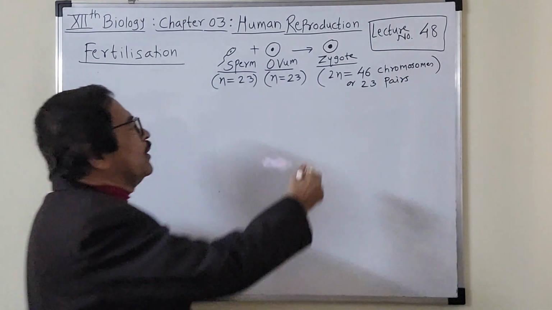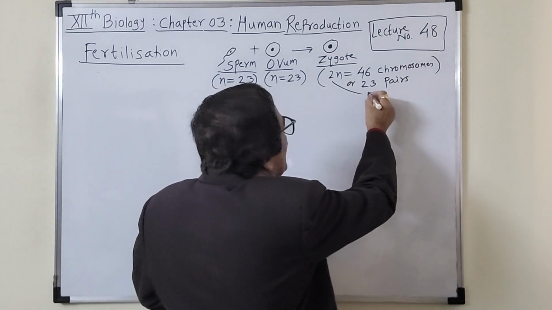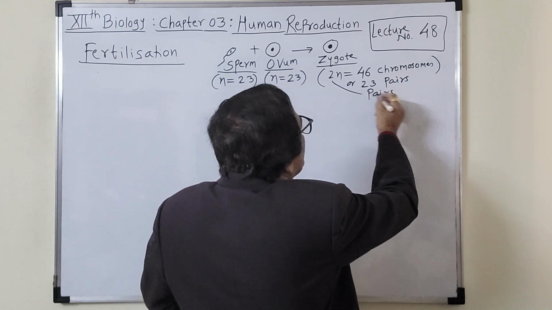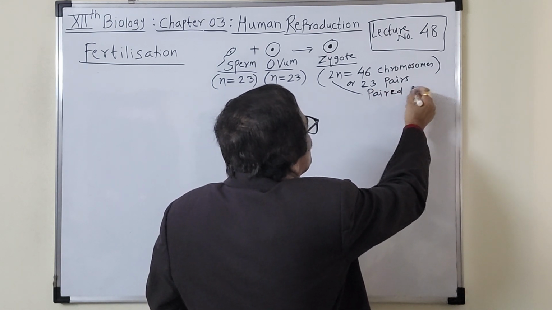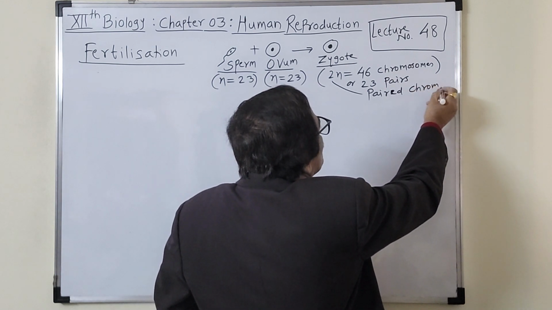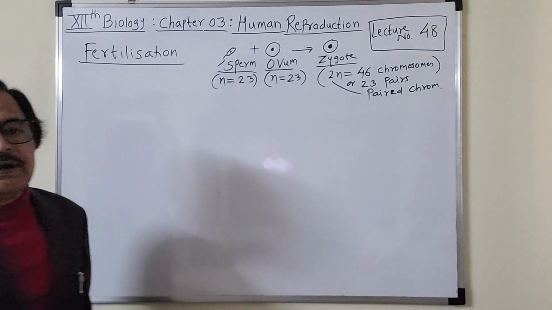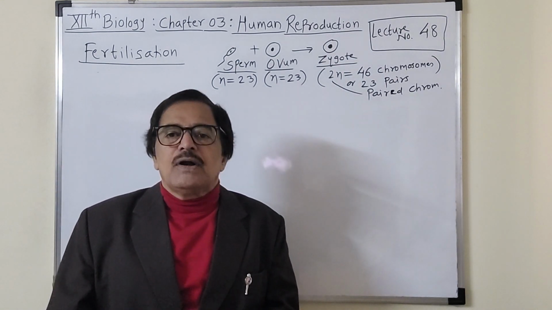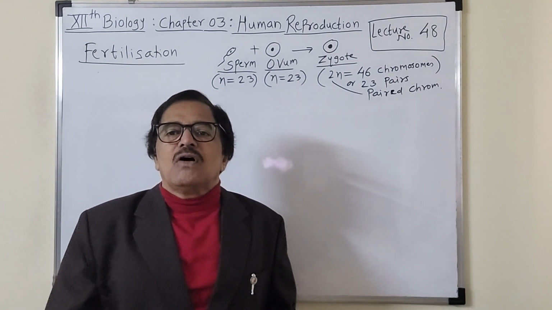Why is it called diploid? Because the chromosomes are present in the form of pairs. That is called paired chromosomes. When paired chromosomes are there, that is called diploid, whatever the number is. For every species, this diploid number of chromosomes is fixed or characteristic.